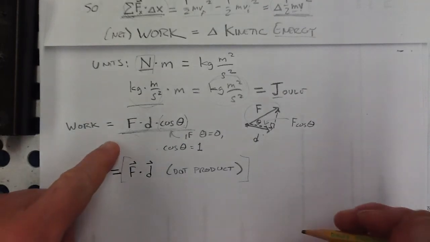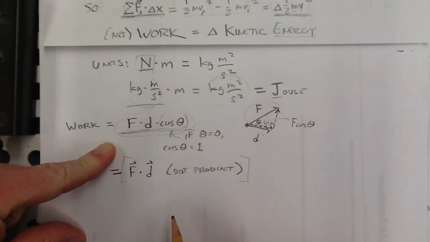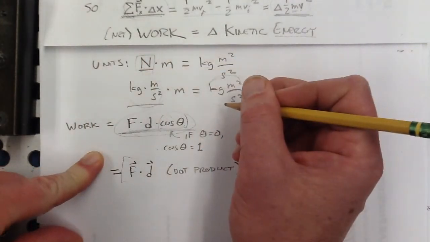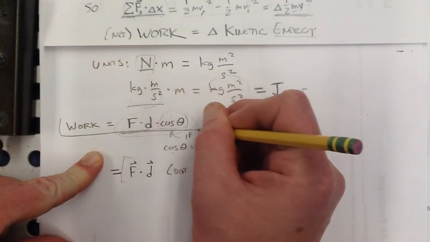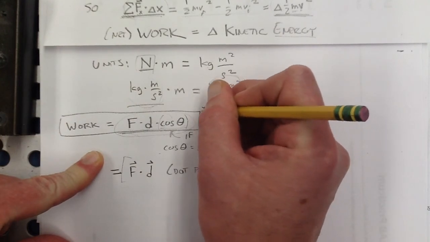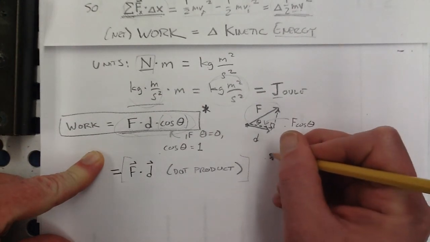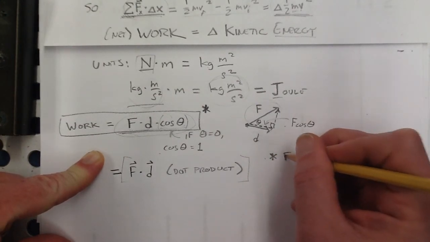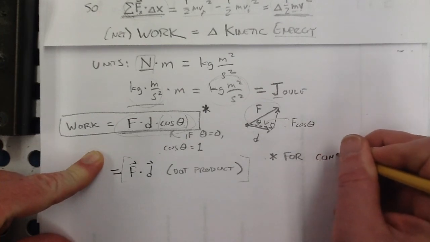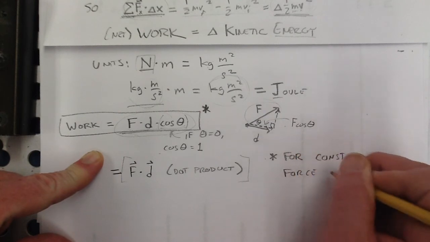So this is also true for, let me just put a little box around this, and I'm going to put an asterisk here, and then I'm going to put an asterisk here. This is for constant force.